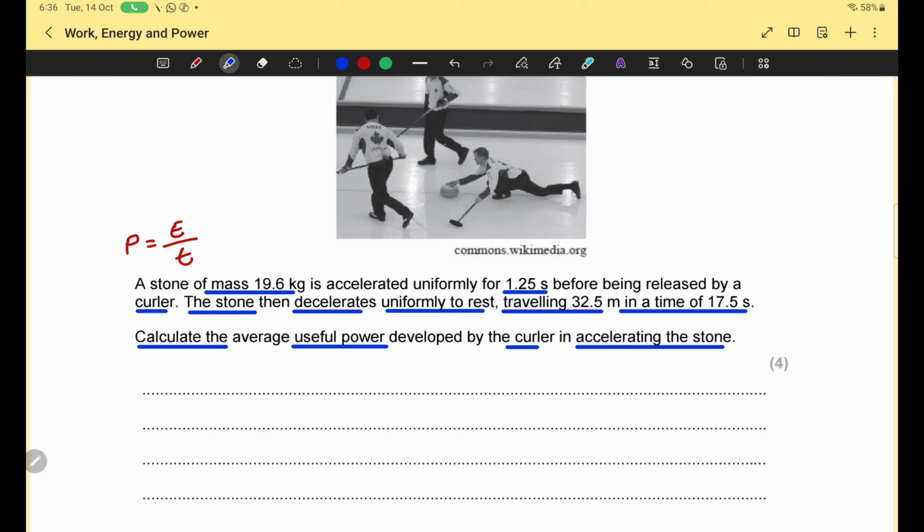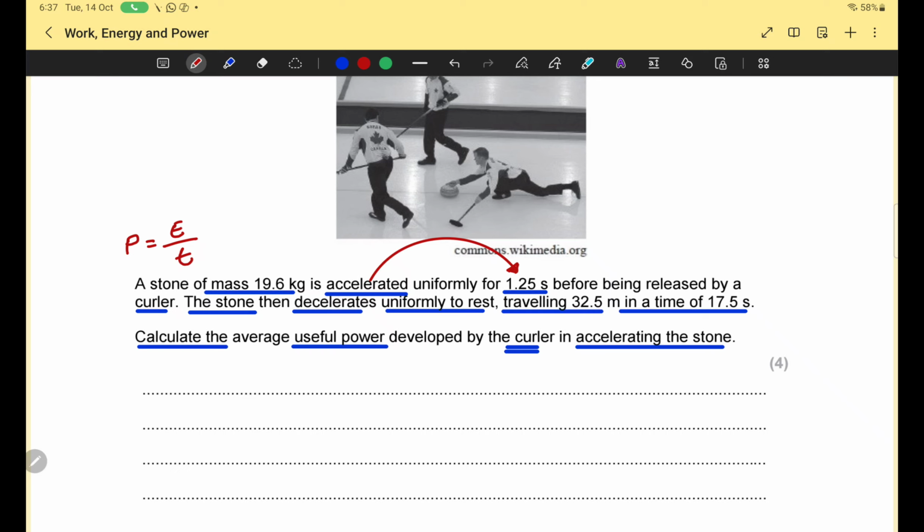So what is the meaning? The meaning is, if you read the question, the player is called the curler. And this curler accelerates the stone, and when he accelerates, the acceleration time is 1.25 seconds.